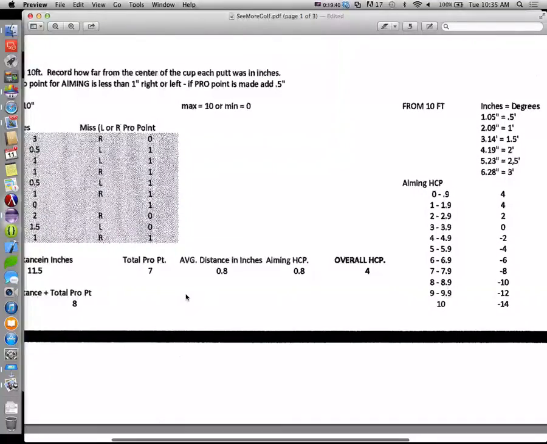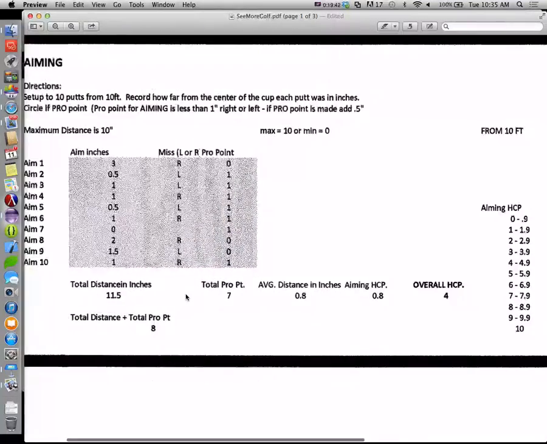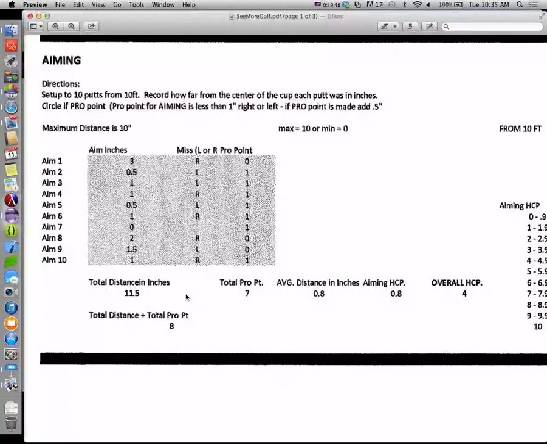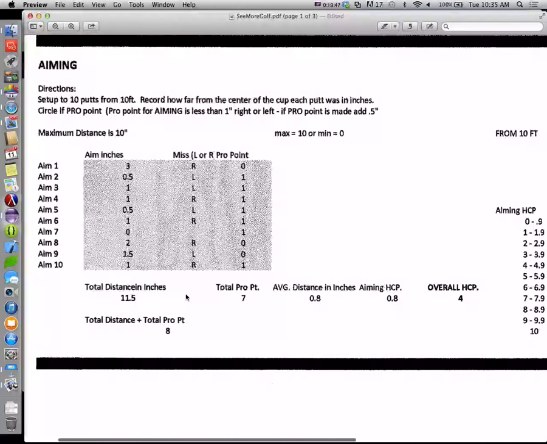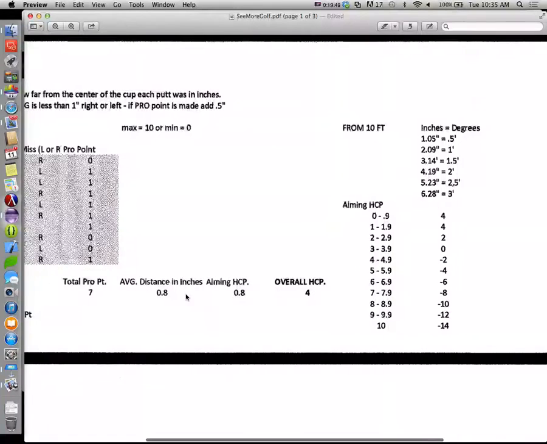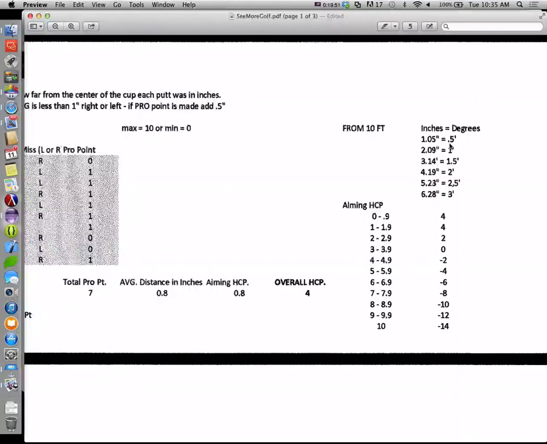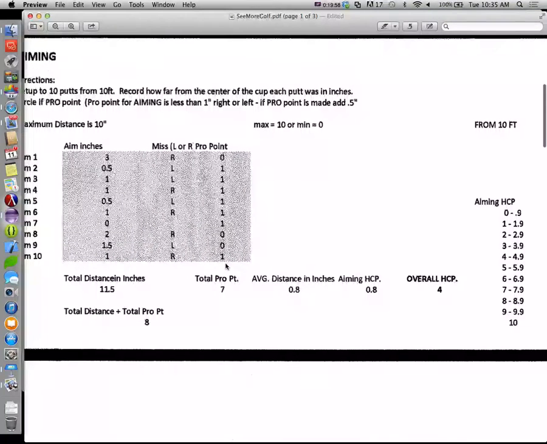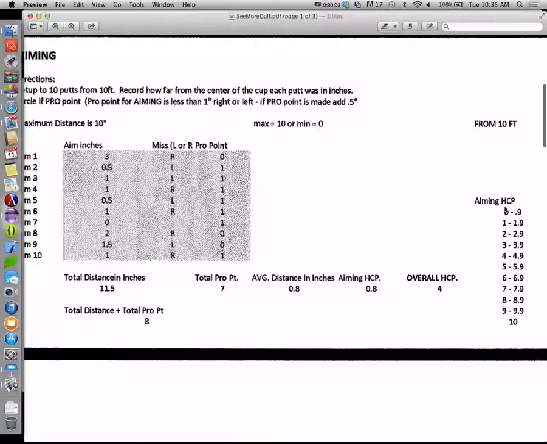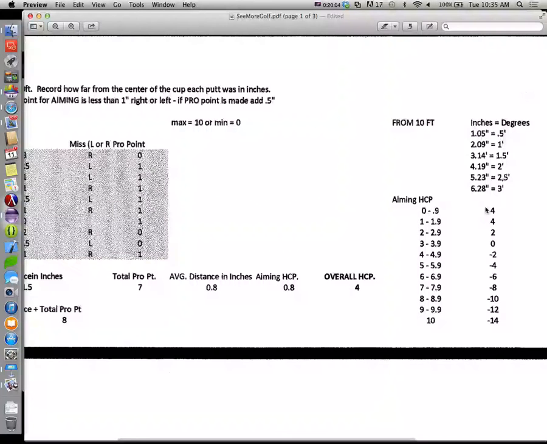Well, and then their instructions on the top just make it more confusing because they're only referring to inches. Yet they do have a conversion here. So aiming handicap, we get our average distance in inches which gave us a 0.8, which put us at an overall handicap of 4. So I don't think they want distance in inches.